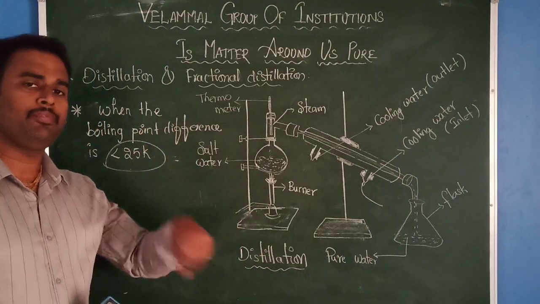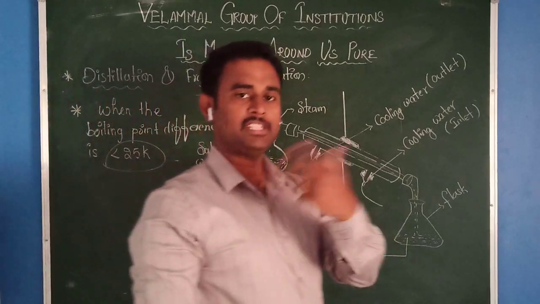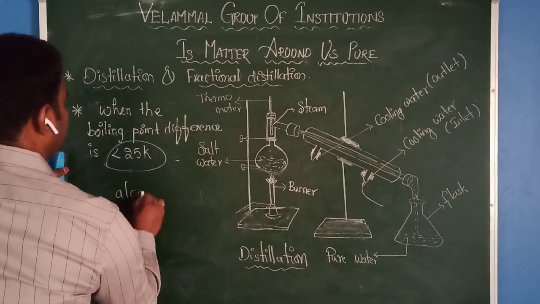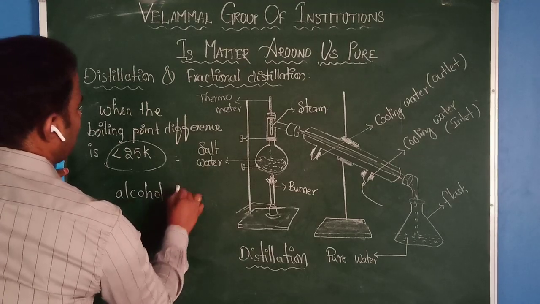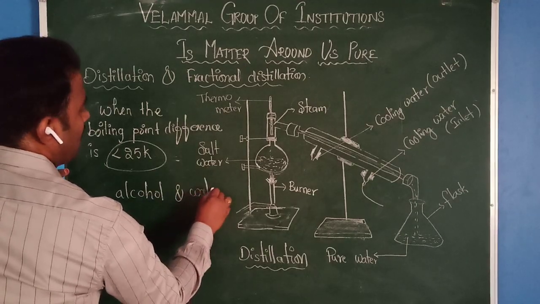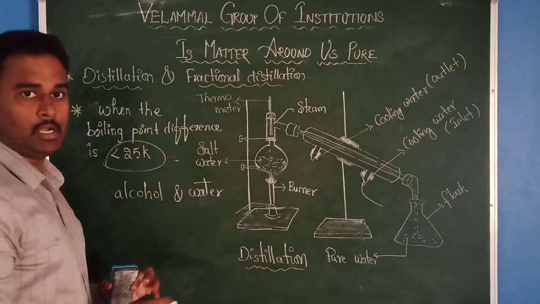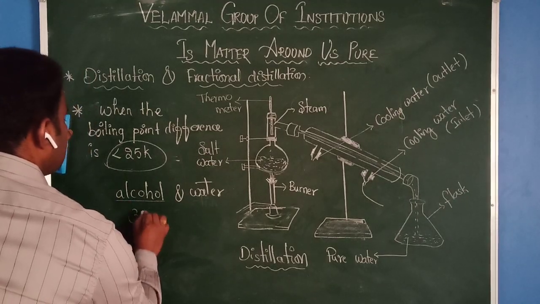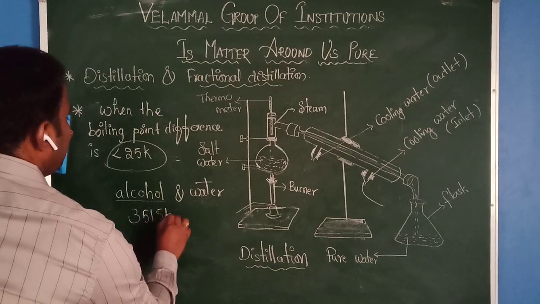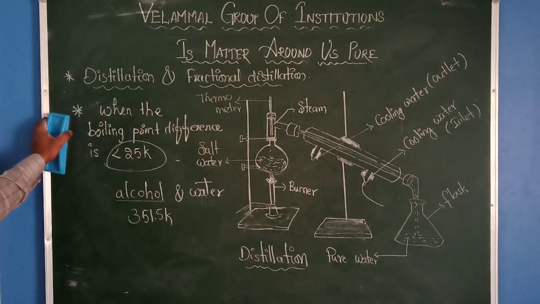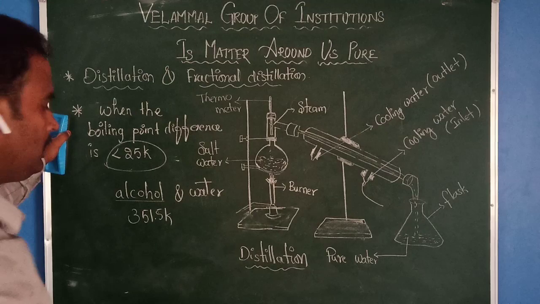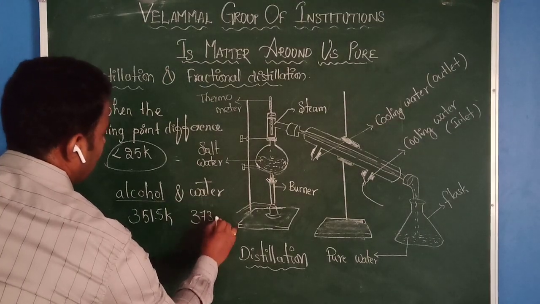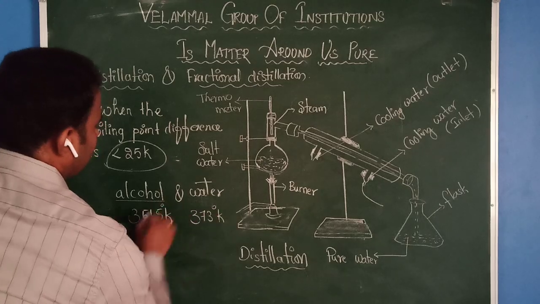That means if you take two components, let us take alcohol and water. I will give you the example, then you can understand very easily. Alcohol and water. If you take alcohol, the boiling point of alcohol is nearly 351.5 Kelvin. I am taking Kelvin, not degrees Celsius. And if you take water, you know very well, it is 373 Kelvin.